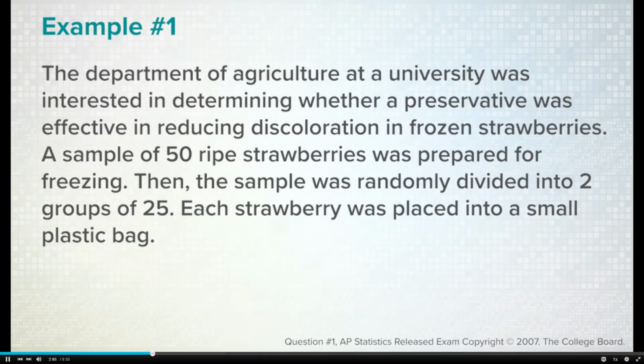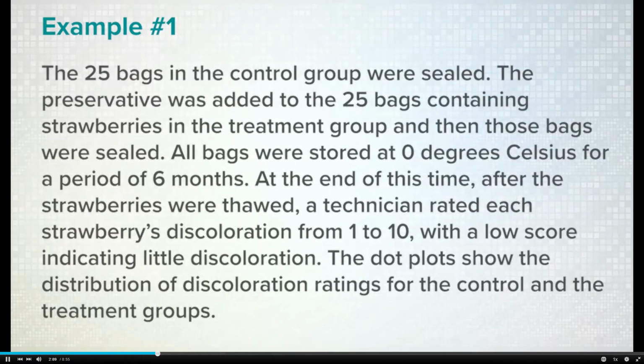Each strawberry was placed into a small plastic bag. The 25 bags in the control group were sealed. The preservative was added to the 25 bags containing the strawberries in the treatment group, and then those bags were sealed. All bags were stored at 0 degrees Celsius for a period of 6 months.